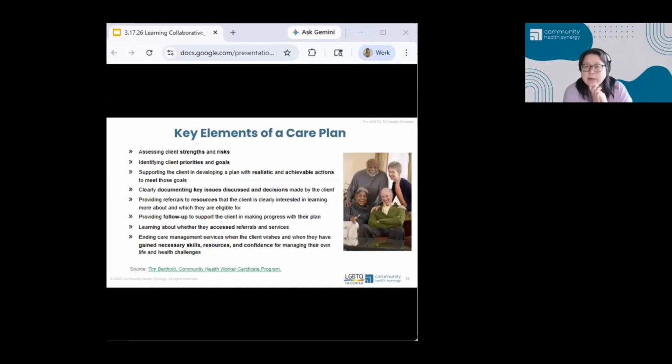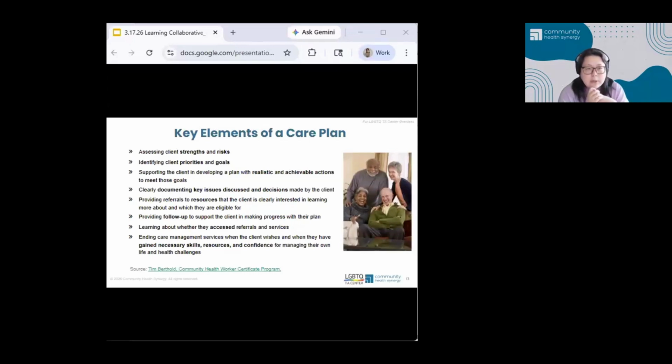So the key elements of a care plan include, again, assessing the client's strengths and risks, priorities and goals, and documenting realistic and achievable actions to meet those goals. So you document the key issues discussed and decisions made by the client. We also recommend documenting referrals to resources the client is clearly interested in, health and social care services, follow-up plans, and whether you've closed the loop regarding access to those services.